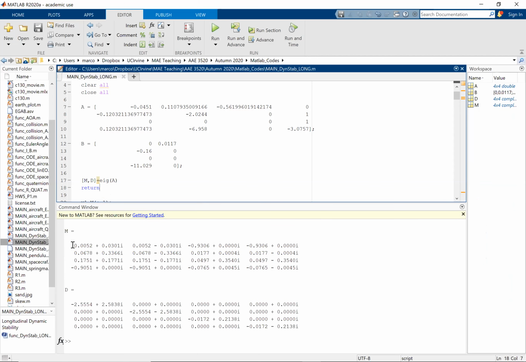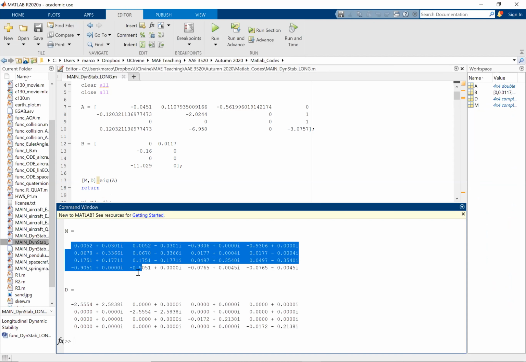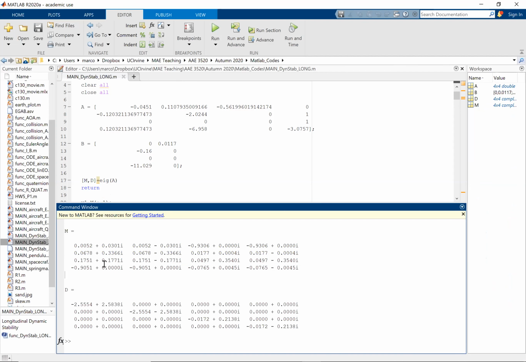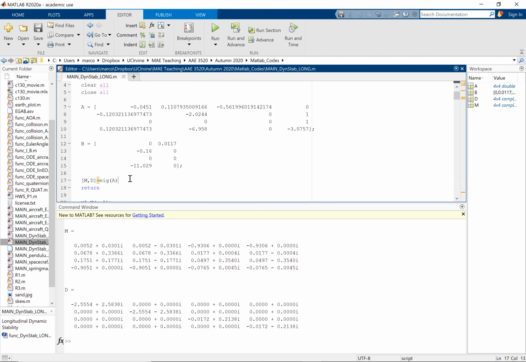So you see we have the modal matrix, where the first eigenvector is the first column of M, the second eigenvector is the second column of M, and so on and so forth. And you'll see that D is a diagonal matrix. The only non-zero elements of D are the diagonal elements containing the first, second, third, and fourth eigenvalues. So you see that we have two pairs of complex conjugate eigenvalues, as expected.